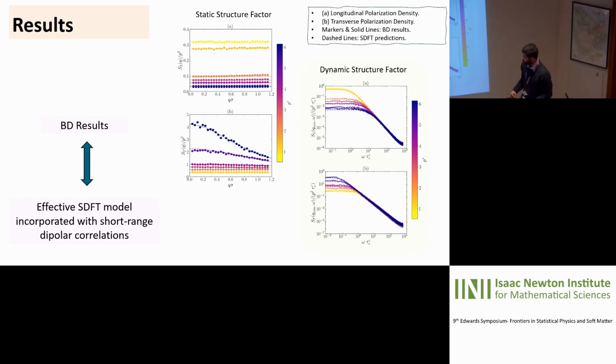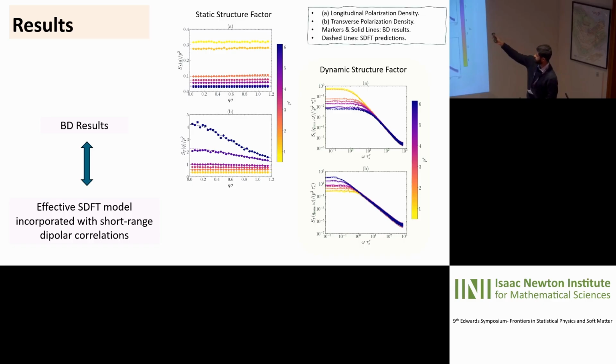Another thing is that from the standard SDFT, we were able to extend it by accounting for the short range dipolar correlation, by incorporating it with a Kirkwood G factor. And the most important thing that we found out was that the SDFT predictions that we obtained are comparable with the Brownian dynamics results, which can be seen.